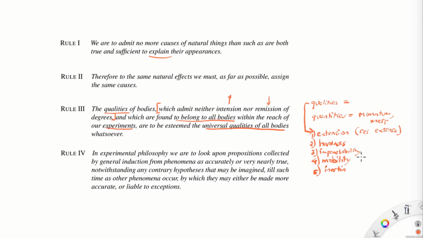But the main point, and this is where he's going with his rule 3, is that if we find certain qualities that are inherent in all bodies, these are going to be universal qualities of all bodies whatsoever.